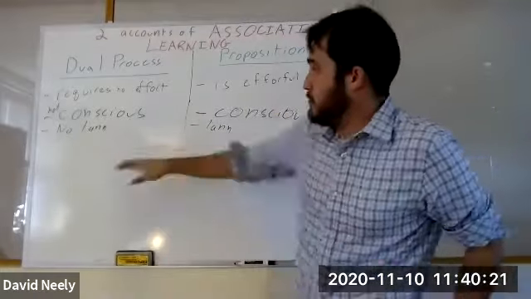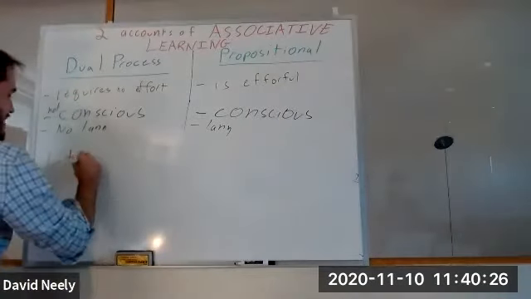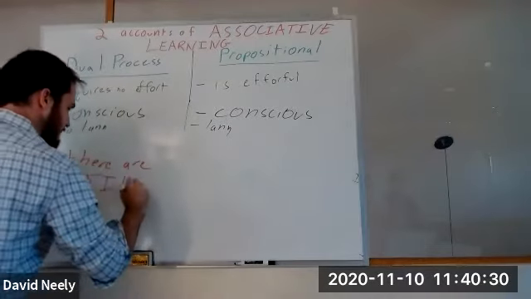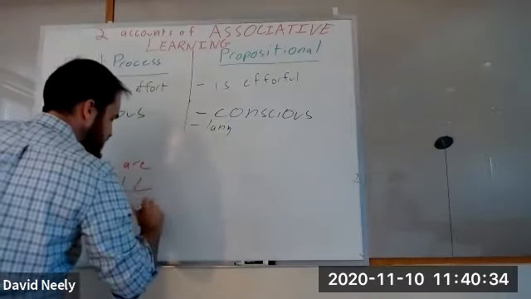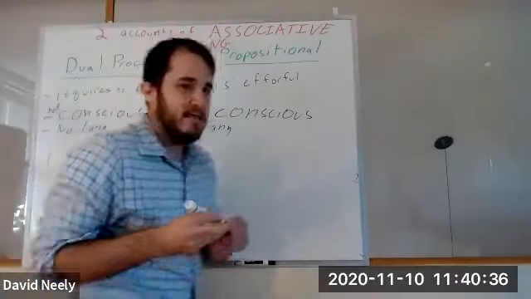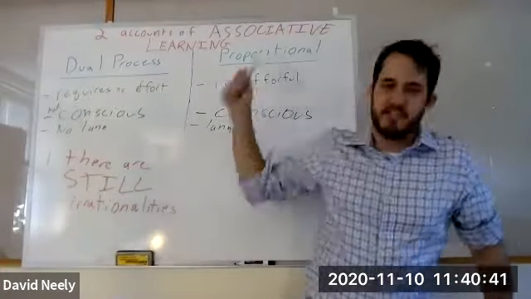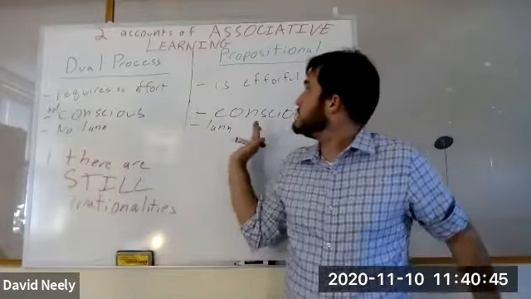So the first thing that a dual process theorist can say in response is that there are still irrationalities. And so in the article, Mitchell et al. say the response a propositionalist can give is, hey, we're saying that it operates in terms of logic.